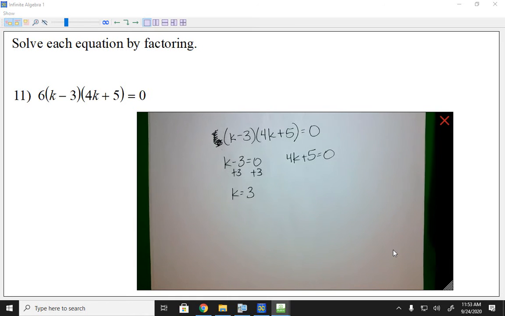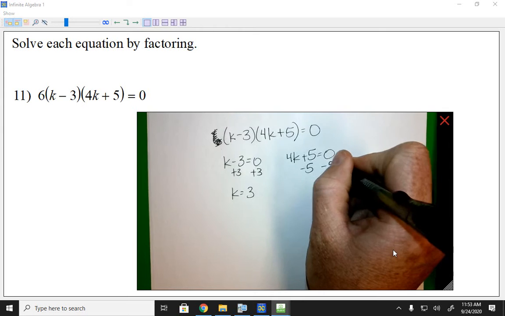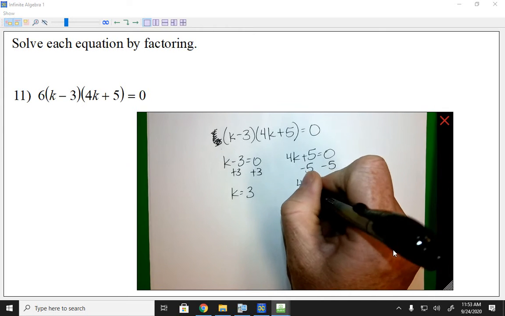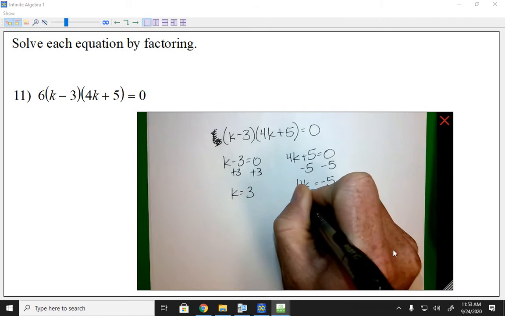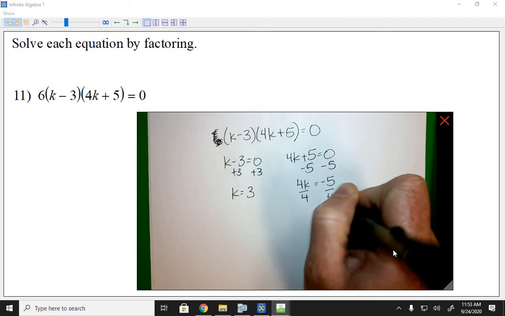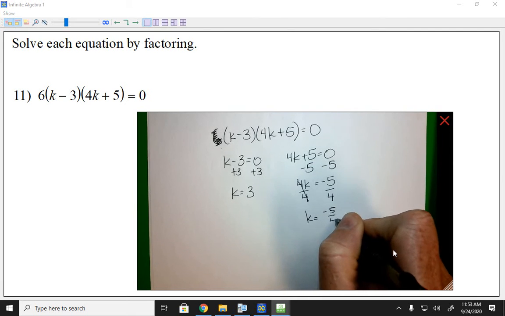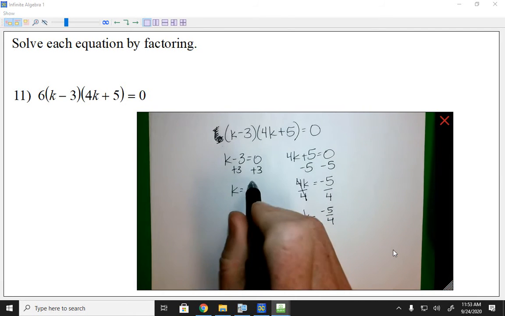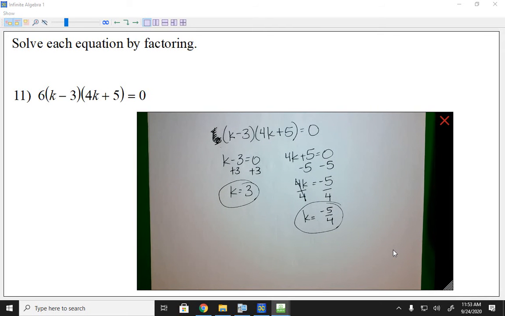That means k is equal to 3. And then we're going to subtract 5, and then divide by 4, and we're doing all this to get k by itself. And then k has two answers. These two answers right here.